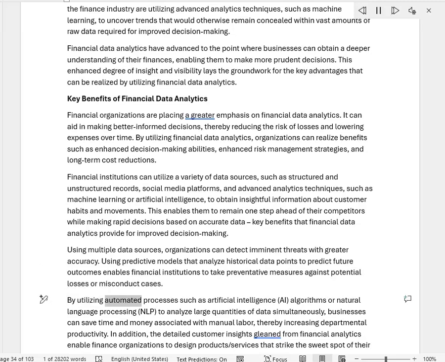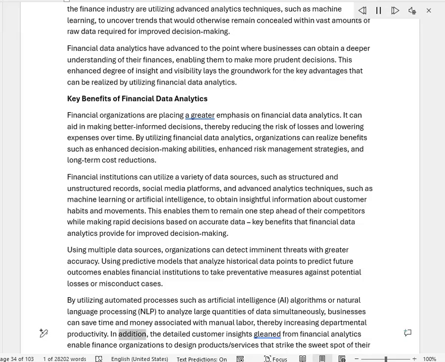By utilizing automated processes such as artificial intelligence, AI, algorithms or natural language processing, NLP, to analyze large quantities of data simultaneously, businesses can save time and money associated with manual labor, thereby increasing departmental productivity.